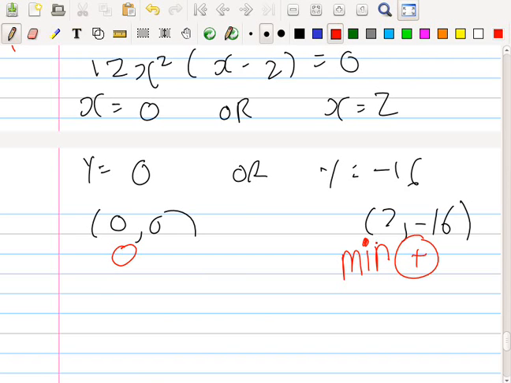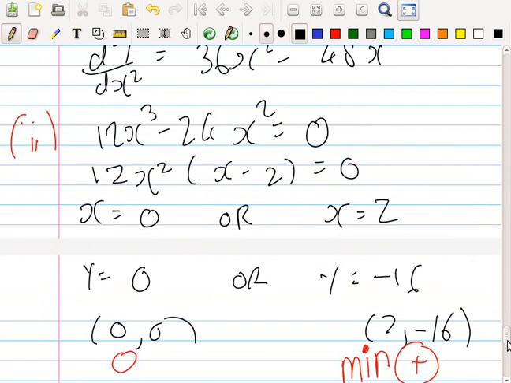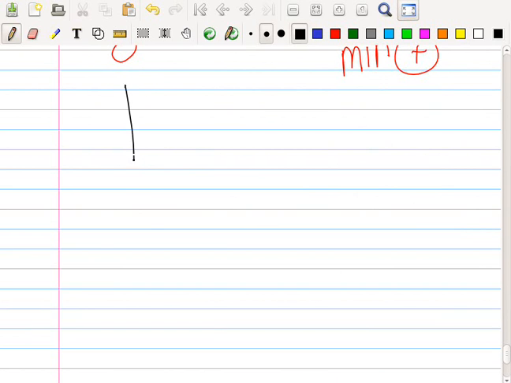So what you need to do for 0 is just draw a very, very quick sketch. So when x is 0, what did I say y is? 0. When x is 1, what's y? 3 minus 8, minus 5. So that's down here. And when x is minus 1, I get up here. Positive.